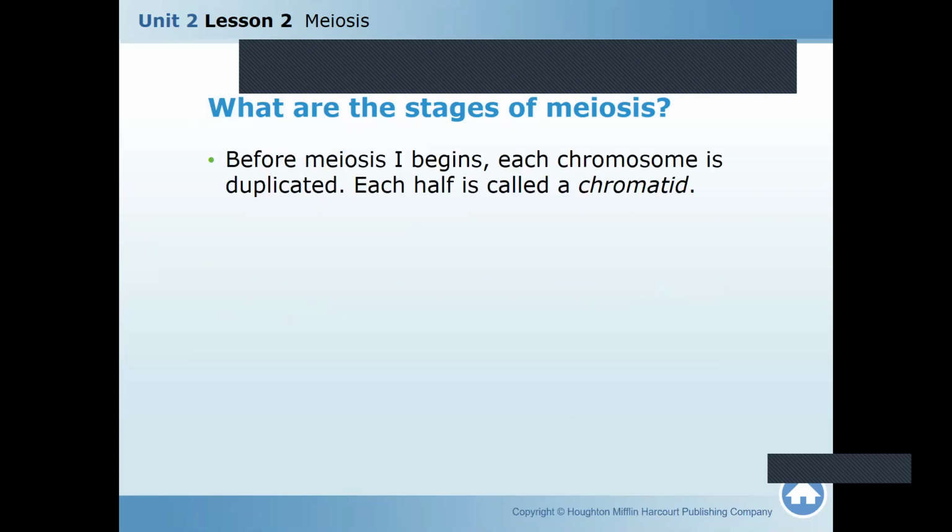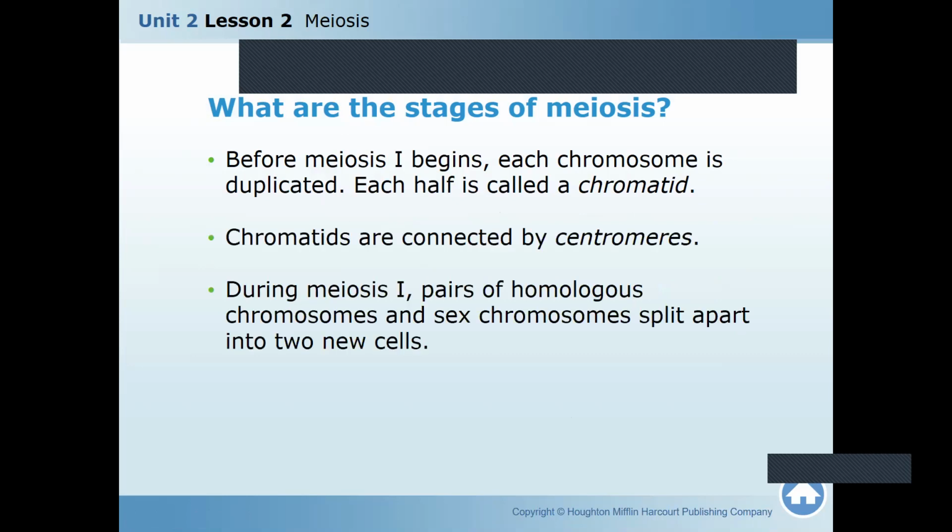Now, before meiosis I begins, each chromosome is duplicated. Each half is called a chromatid. Read it out. Before meiosis I begins, each chromosome is duplicated.